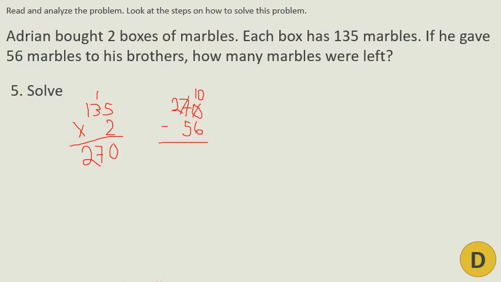Tapos, ang 7 ay magiging 6. So, subtract na natin. So, 10 minus 6 is 4. 6 minus 5 is 1. And bring down 2. So, ibig sabihin, ang natirang marbles kay Adrian ay 214 marbles.